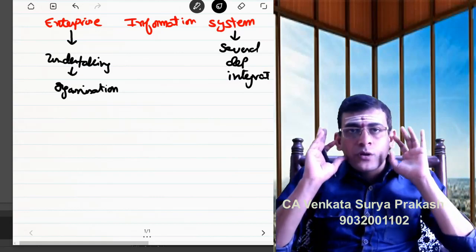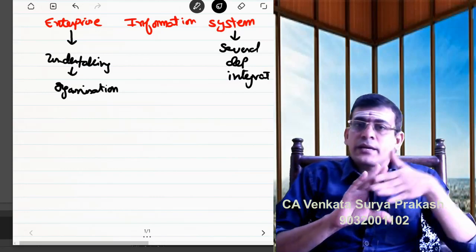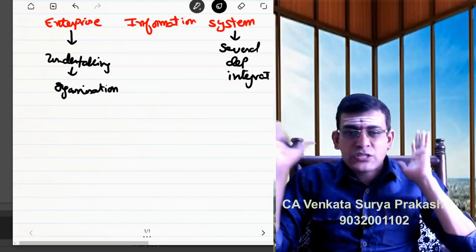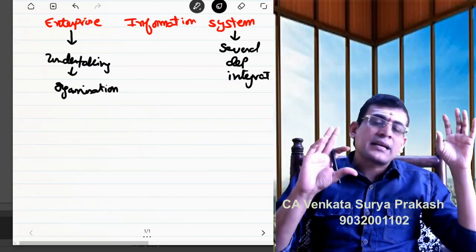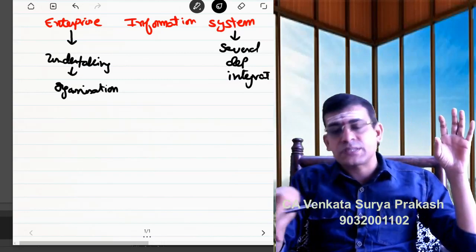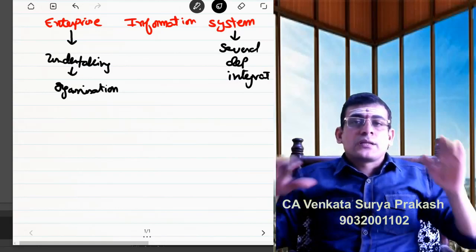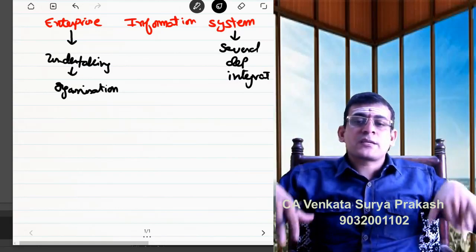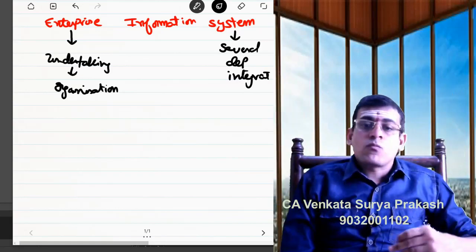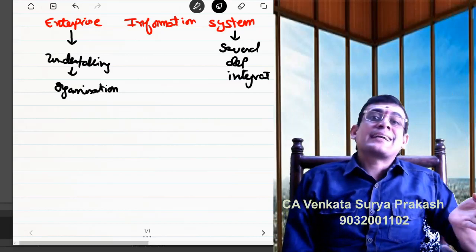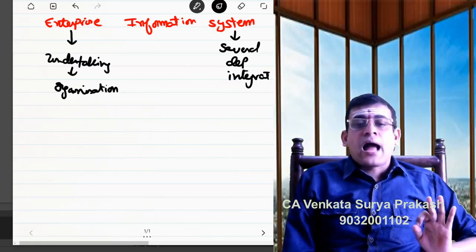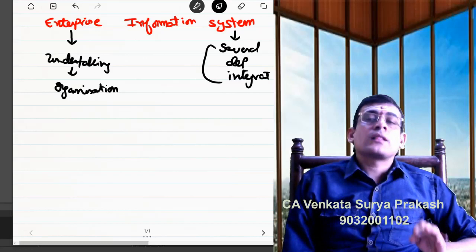Okay, now we know the meaning of enterprise, and we know the meaning of system. In fact, enterprise consists of a system. Enterprise is a broader view, the organization. That organization has some sort of system. Again, what is the meaning of system? It contains several departments. I need to integrate all the departments.